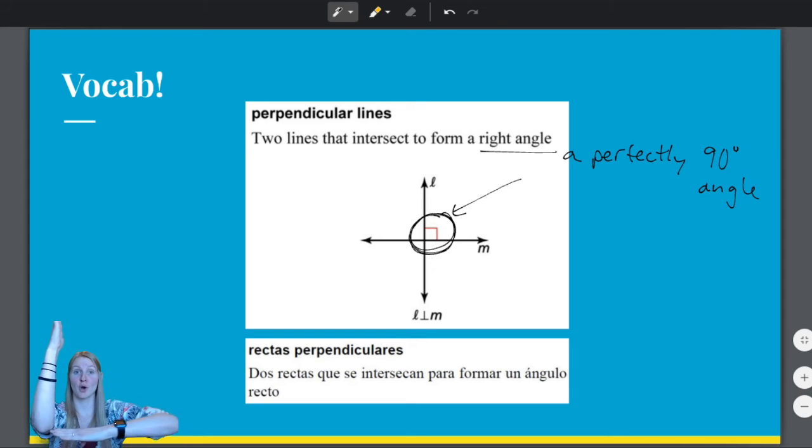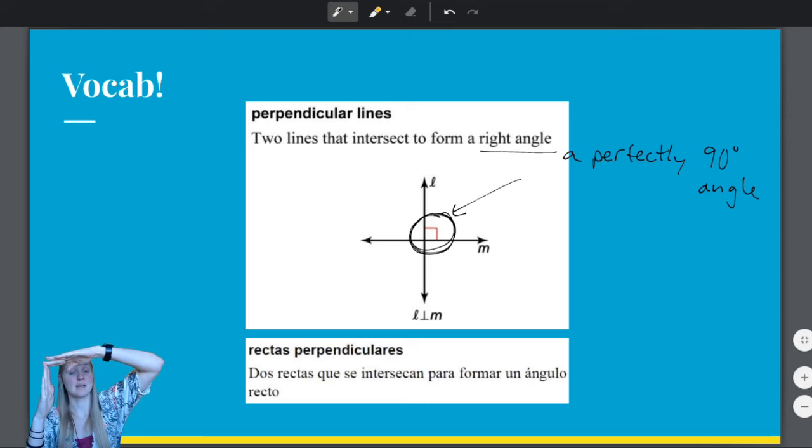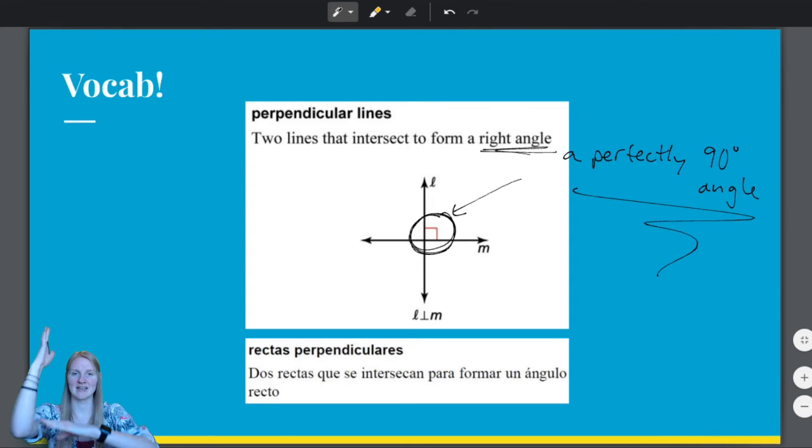And the floor is perfectly flat. So they meet each other at a perfect 90-degree angle. The ceiling and the wall meet at a perfect 90-degree angle up here in this corner. So that's what it means to be a right angle, a perfect 90-degree angle.